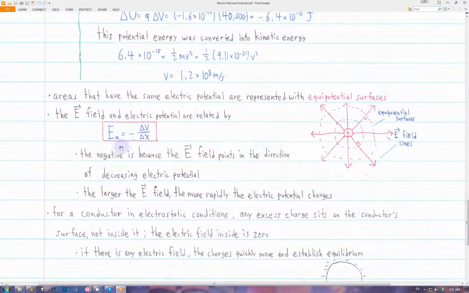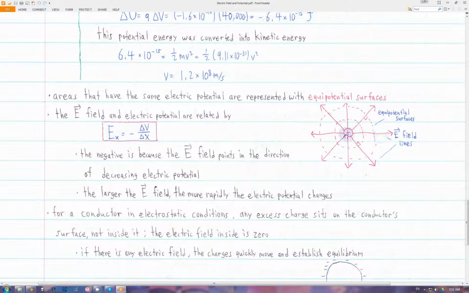So if an electric field is positive between 2 points, that means the rate of change of the electric potential along that distance will be negative, because the electric field points in the direction of decreasing electric potential.